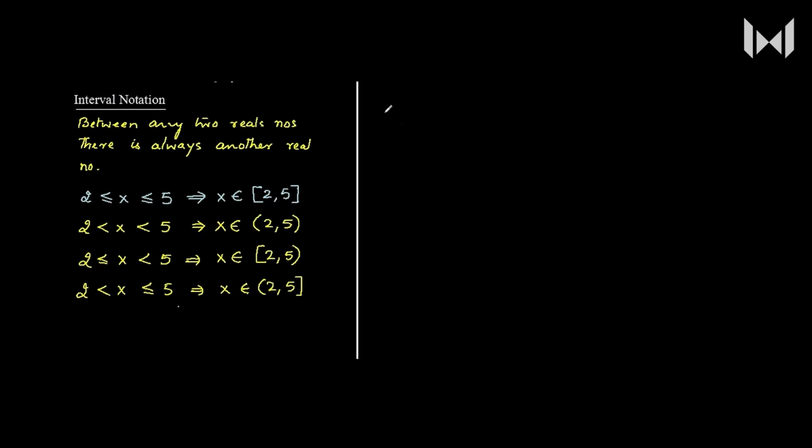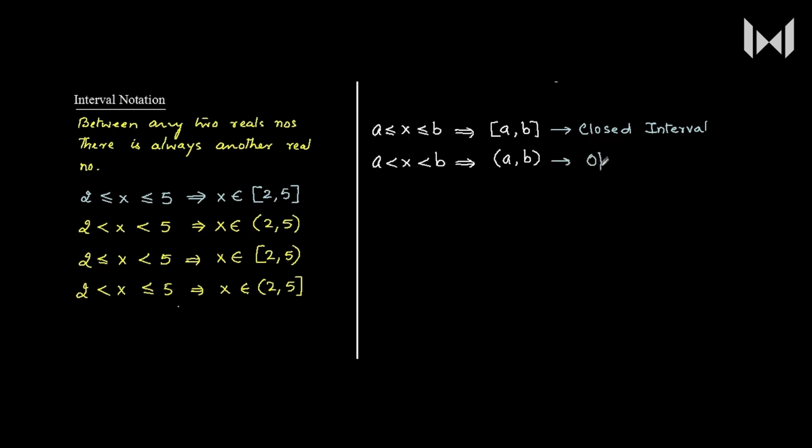So to understand it in a better way and to express it properly, if you have a less than or equal to x less than or equal to b, we can write it as [a, b], and this is what is called a closed interval. Then the second case, a less than x less than b, it's unbounded on both sides, and so we call it an open interval, (a, b).